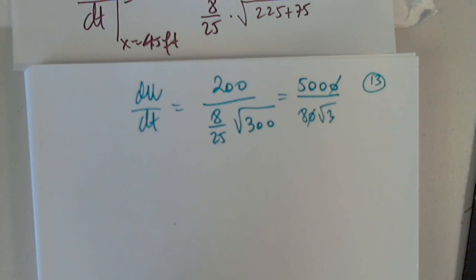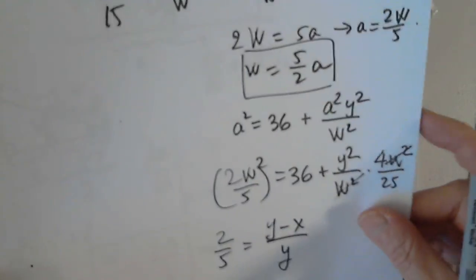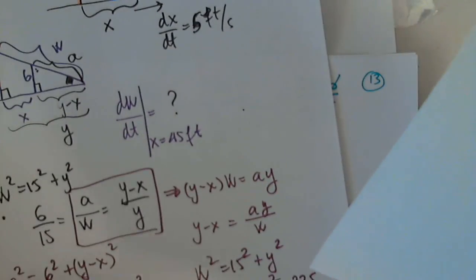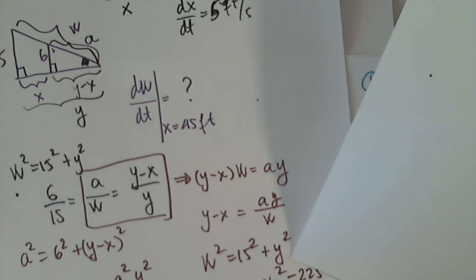So 500 divided by, in parentheses, 8 times the square root of 3. If it doesn't say, I may have to go back and check my calculations, because if it's not an approximation and I get an approximation, I may have to go back and perform my calculations one more time.